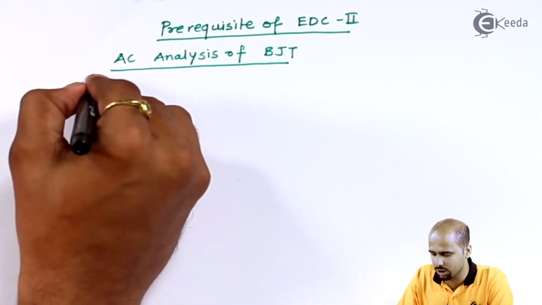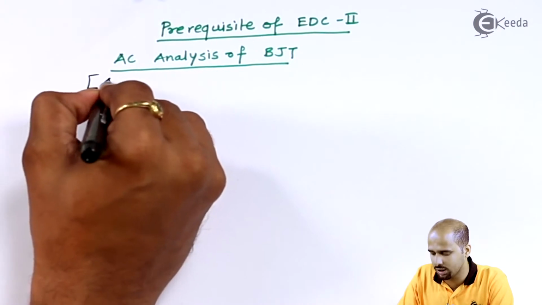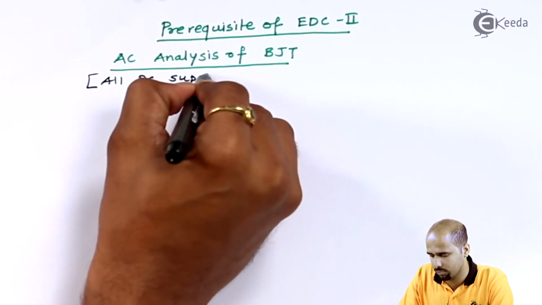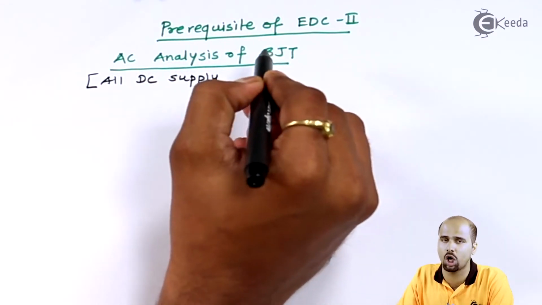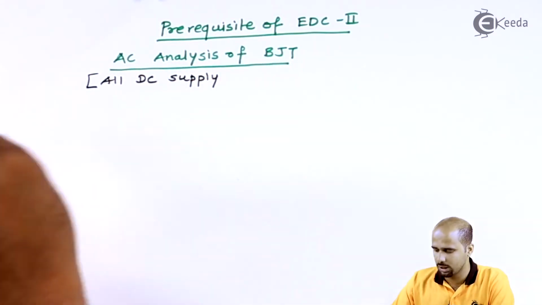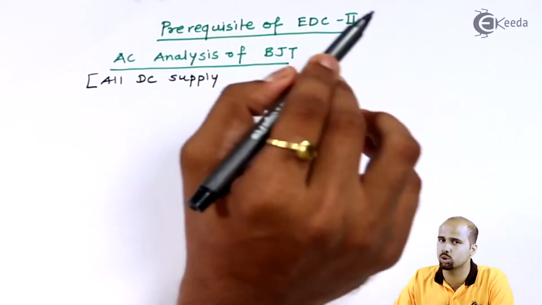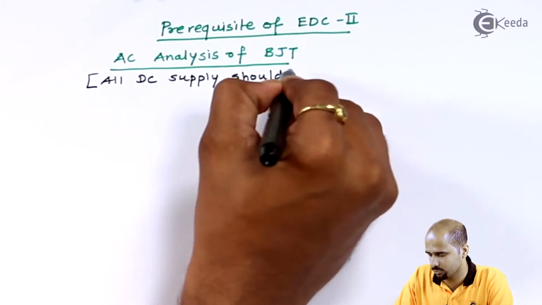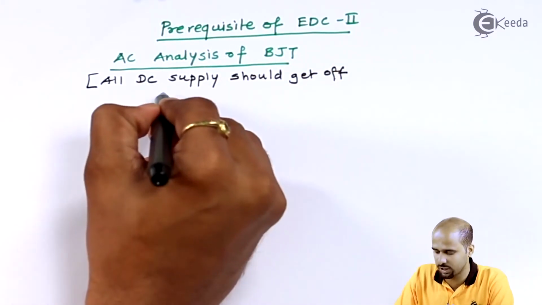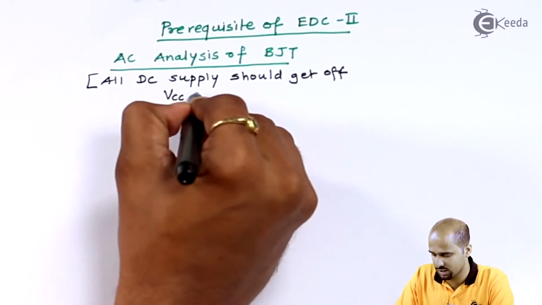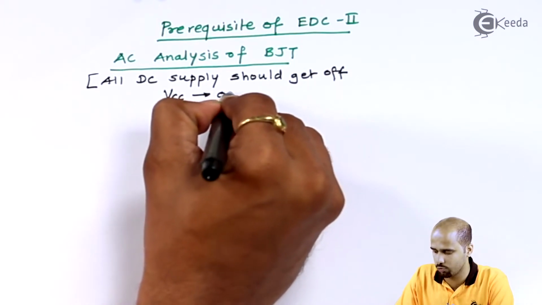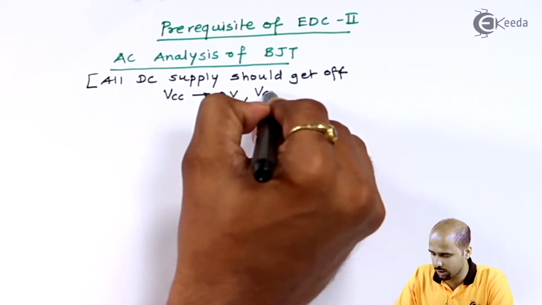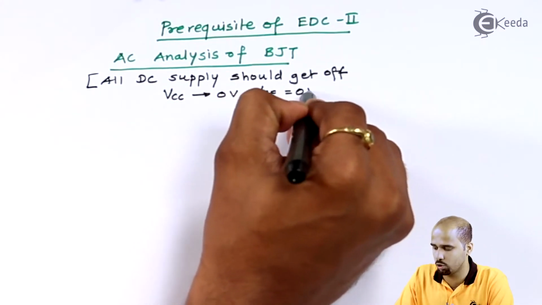The first and very important thing to note is that all DC supplies should get short circuited. That means they should get connected to ground, right? So all DC supplies, that means VCC is connected to 0 volts, and VEE is also connected to 0 volts.